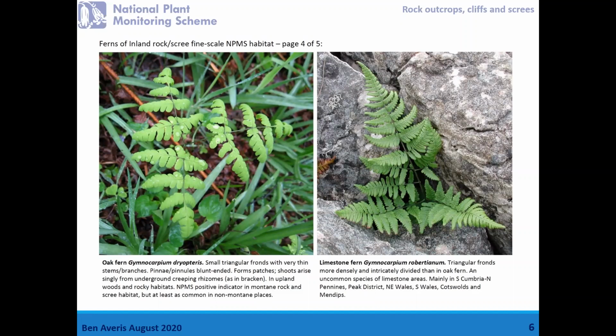They're just individual big shuttlecock tufts. So quite unmistakable really, the oak fern. Wiry thin stems, and beautiful delicate pale yellowy green blunt-tipped leaf frond divisions.